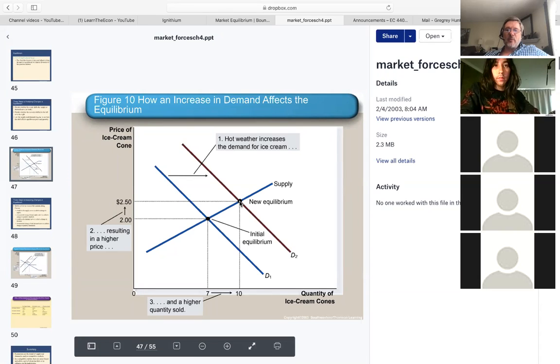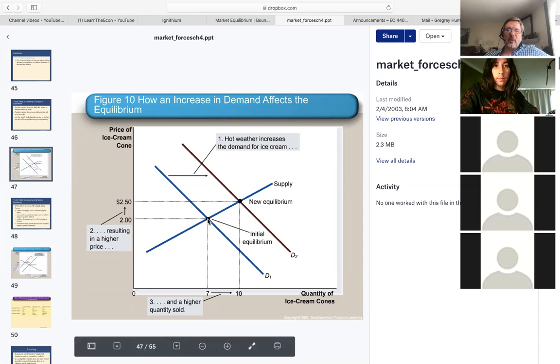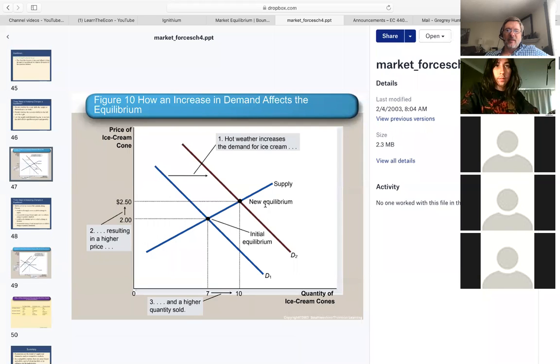Can you tell me, Miranda, what do you notice? It's labeled on the diagram, as you compare equilibrium 1 with equilibrium 2. How would you contrast these equilibria? What's different about them? The equilibrium's a little more expensive, I guess.